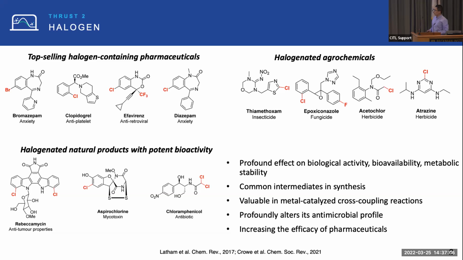Such compounds are also very valuable building blocks which could be involved in chemical reactions, for example, cross-coupling reactions. Besides chemical synthesis, in nature we can also find halogenated natural products with potent bioactivity.